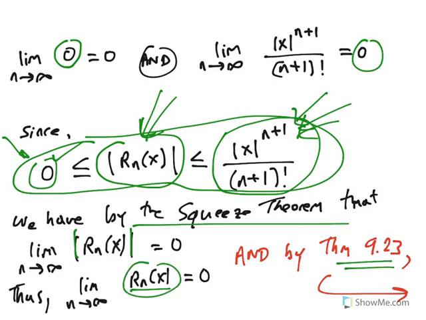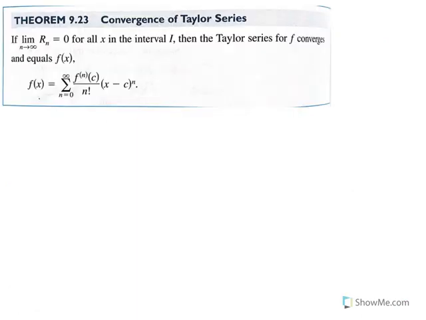If the remainder as n goes to infinity is 0, then what can we conclude by Theorem 9.23? We may conclude by Theorem 9.23 that the Taylor series centered at c equal to 0, formed from the function f of x equal to sine x, will converge to the function f of x equal to sine x on its interval of convergence, which we found yesterday to be all real numbers.